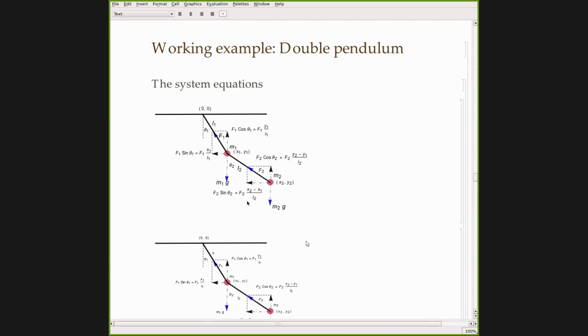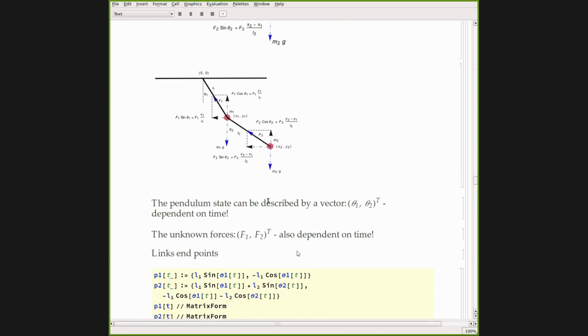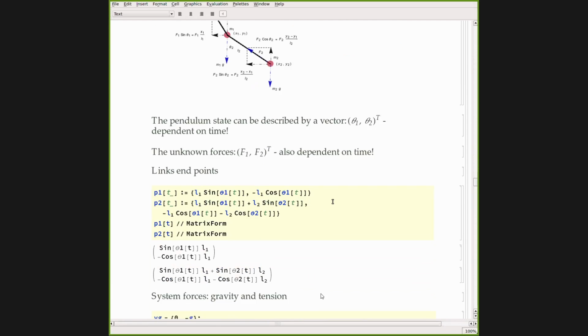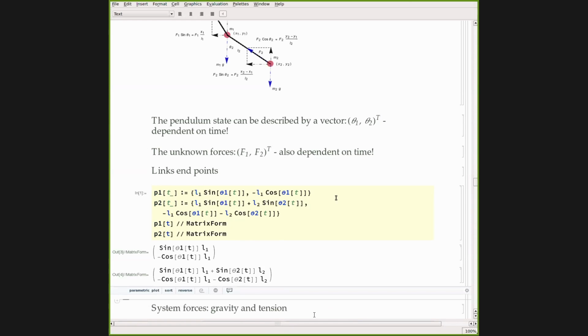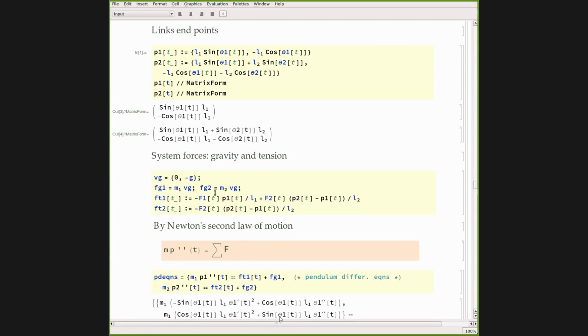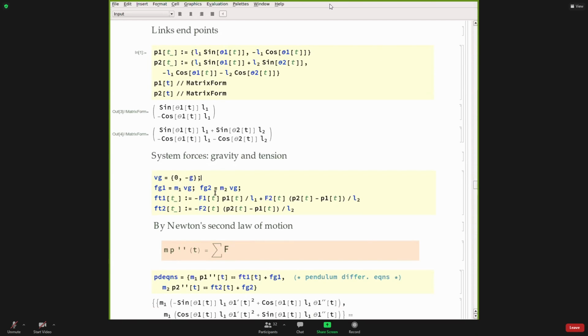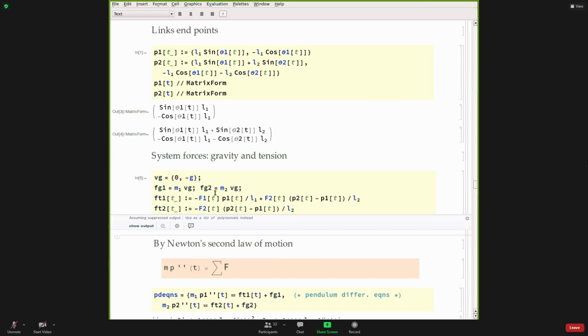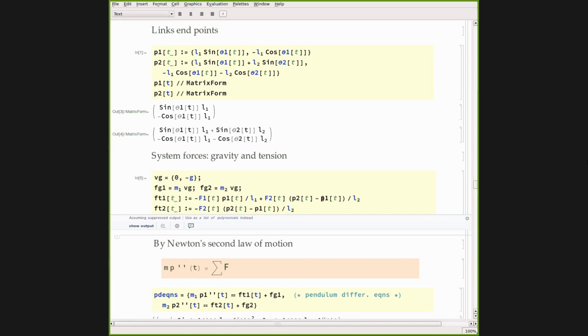We won't analyze the form of the equations we construct here once more, because I have displayed very clearly what we should do. We define the position for the first mass, for the second mass, then we define the system forces: there is gravity and also tensions. These forces are derived from the third law of dynamics by Newton.